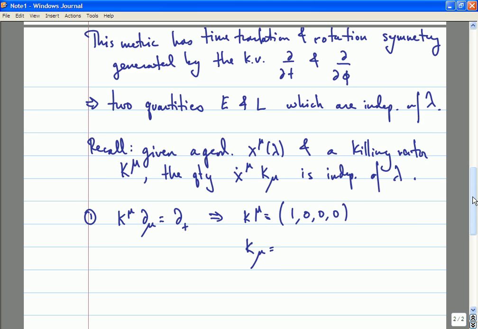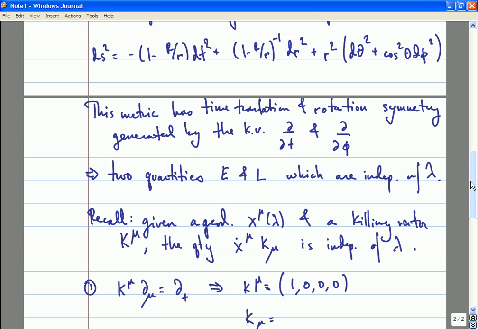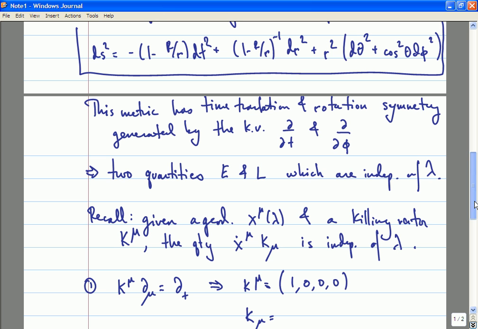Let me scroll up, and you can look at the metric up here. What is the coefficient of dt squared? That's g_tt with two lower indices, minus 1 minus the Schwarzschild radius over r. So k lower mu is the vector whose first component is minus 1 minus big R over r, with zeros for the rest of the components.